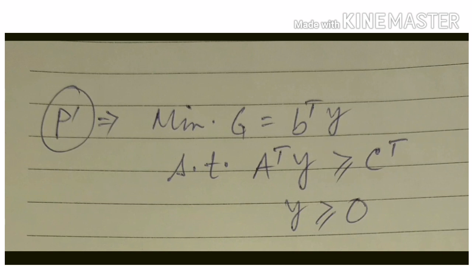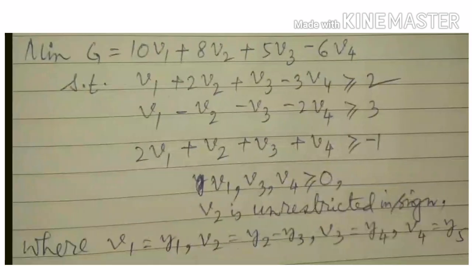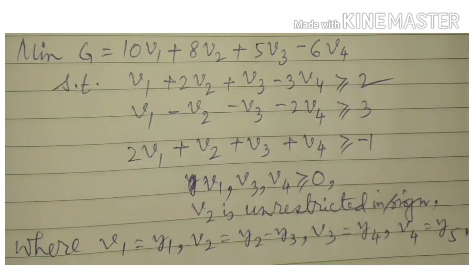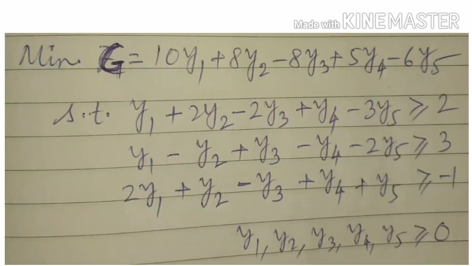So the dual problem will be minimize g = bᵀy subject to Aᵀy ≥ cᵀ, y ≥ 0, that is this one. And also we see here y2 minus y3 is present in each of the inequalities and also in the objective function.